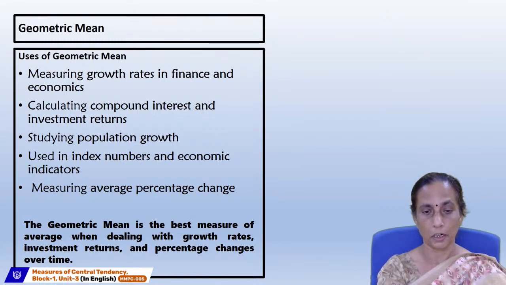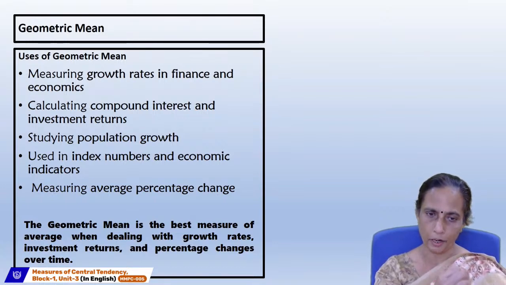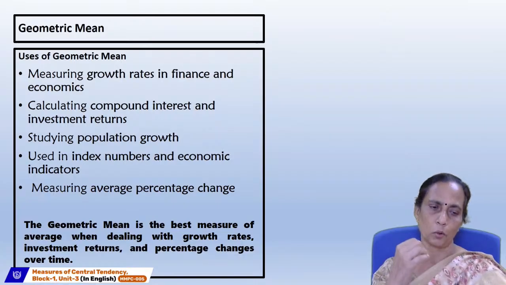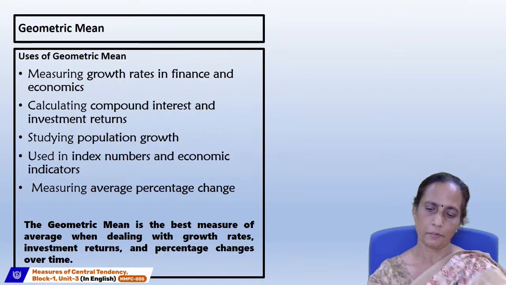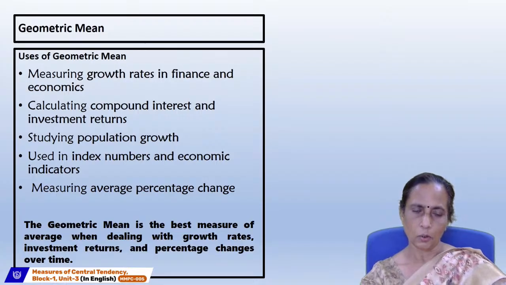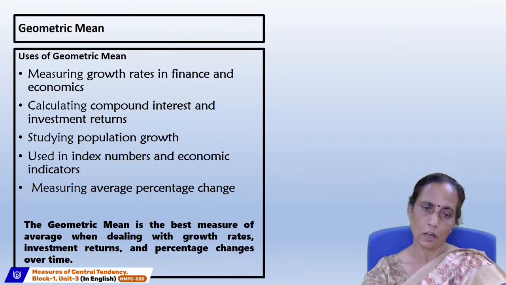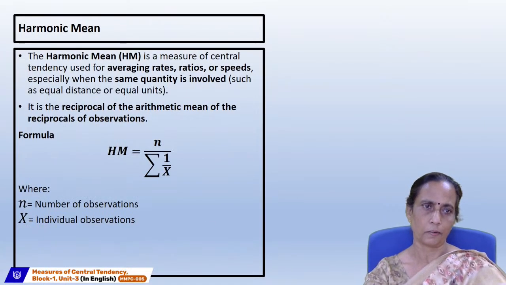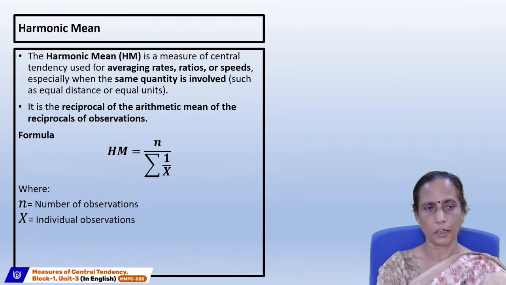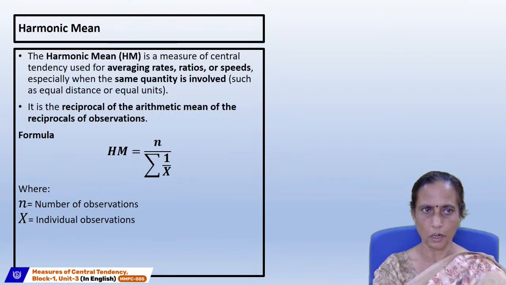And it is basically the best measure of average when dealing with growth rates, investment returns, and percentage changes over time. So, whenever you are calculating the growth rate or GDP of your country, this particular average will be useful.